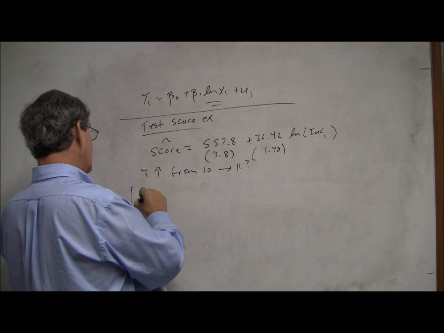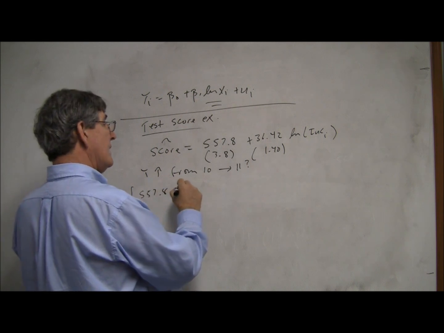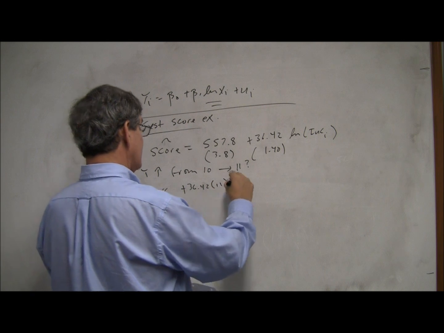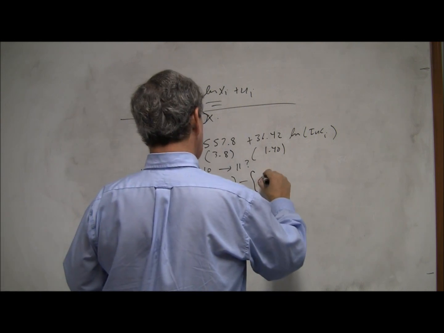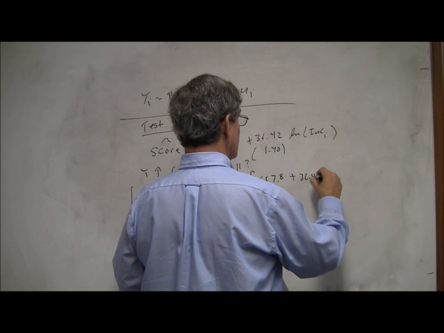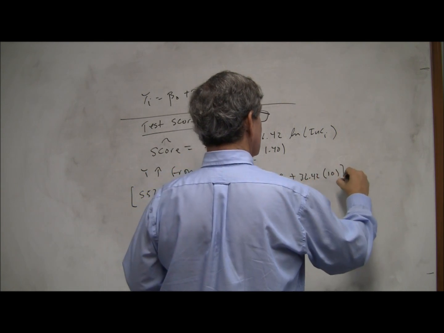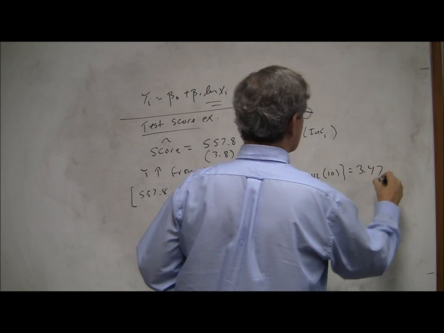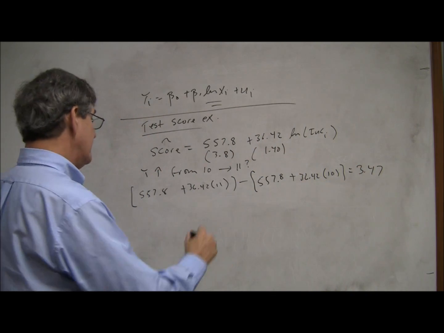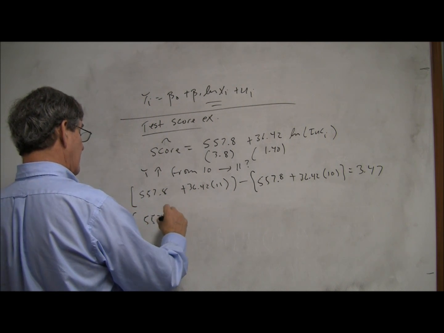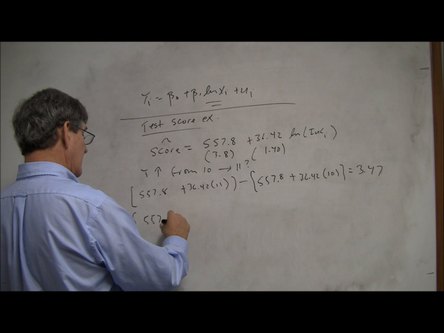You take 557.8 plus 36.42 times 11 minus 557.8 plus 36.42 times 10, and you would get 3.47 if you did that. If you do it for 40 to 41, like we did before, 40,000 to 41,000.